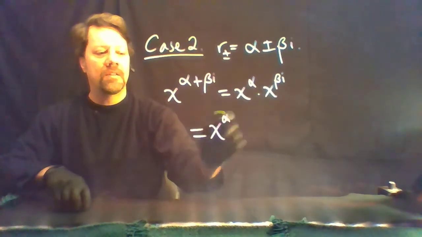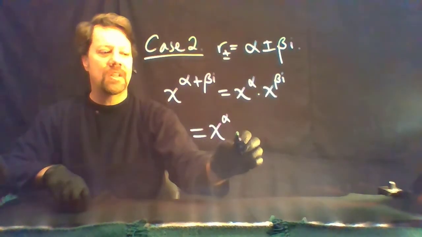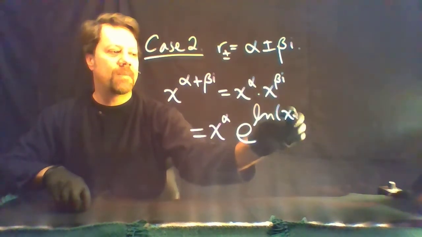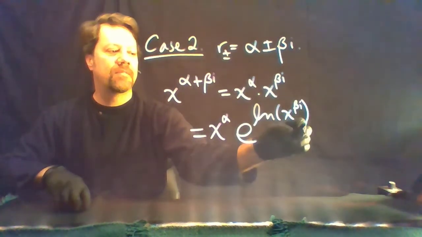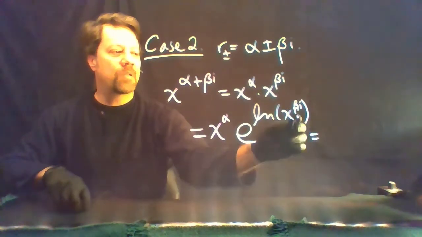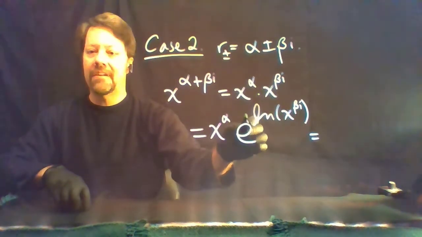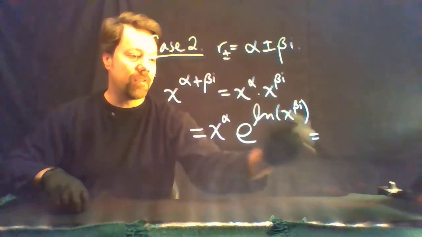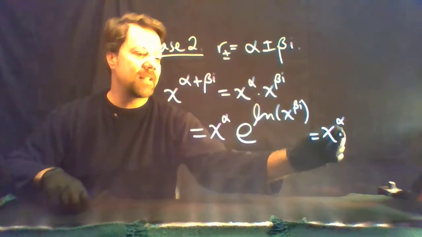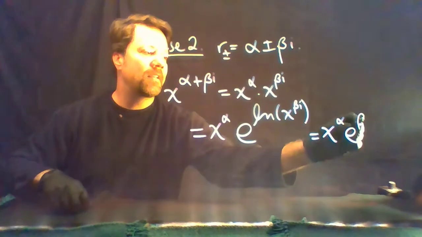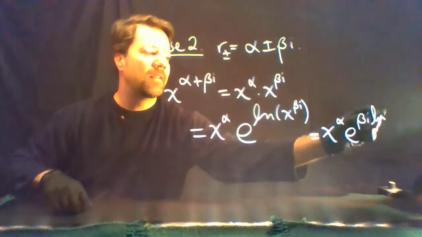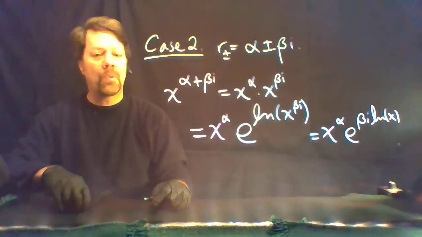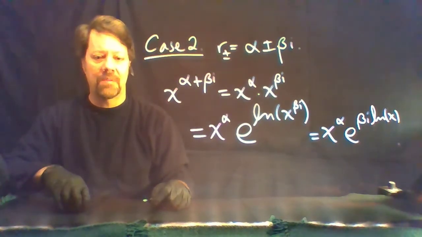To figure that out, we'll use e to the log of x to the power beta i. As you can see, we can bring the beta i out front of the log using properties of logs. That's x to the alpha, e to the beta i natural log of x.